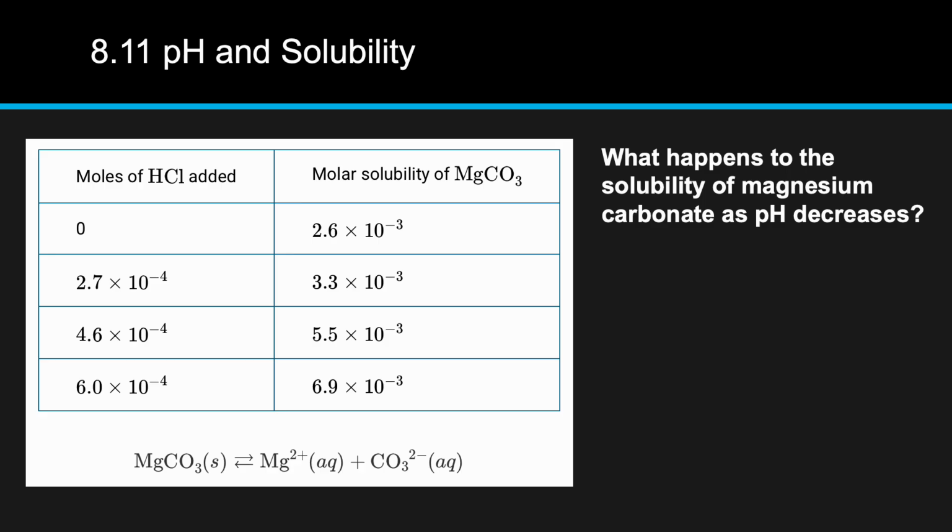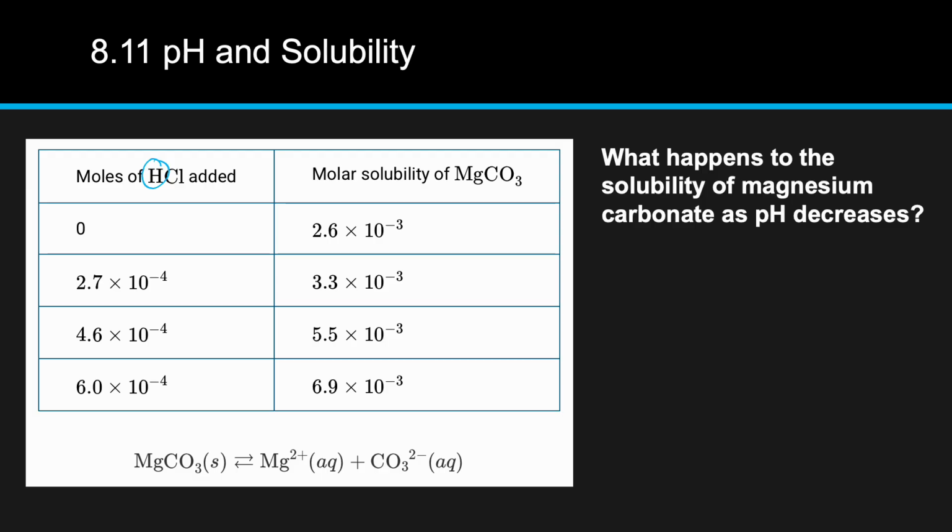All right, and then looking at the table, what happens to the solubility of magnesium carbonate as pH decreases? So looking at moles of HCl added, I know that I'm really looking at my concentration of H+ ions. So the more HCl added, the more H+ I'm adding, which means the lower the pH.